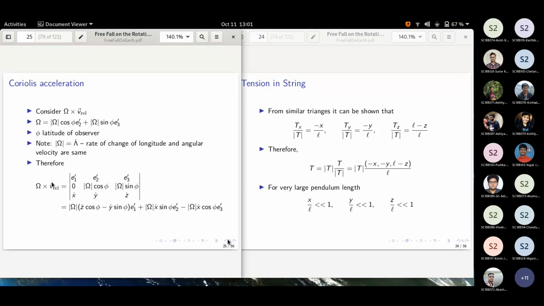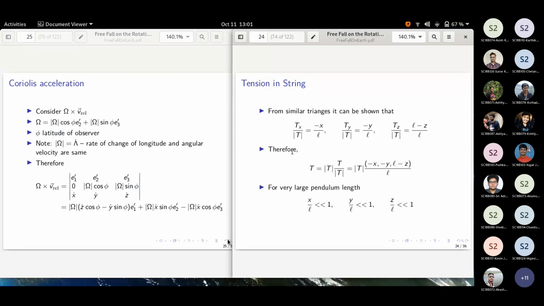If you look at this omega cross V rel, you can compute it as this particular expression. Any questions until now? This is just omega cross V rel we are computing. You just have to keep that in mind.